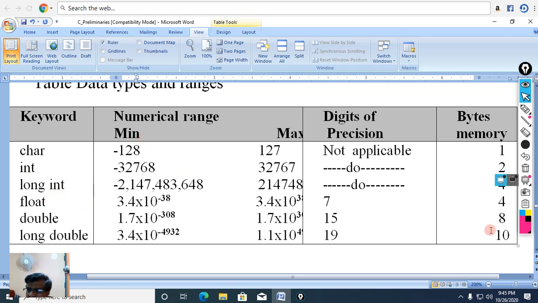A long integer would consume 4 bytes, and it is 2 to the power of 32. There is no need to mug up all these things, but we should have a feeling for these figures, and we should also know the extent of values a particular data type can store. Let us say you are trying to find 15 factorial, and you have declared the variable carrying the answer as a short integer.